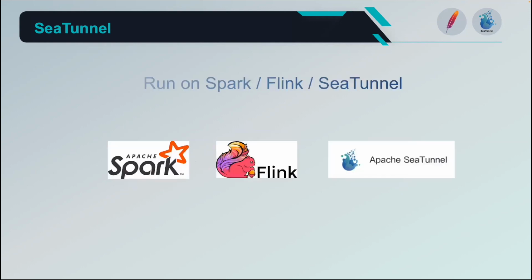At the same time, SeaTunnel supports running on multiple frameworks, currently supporting Spark and Flink, as well as the data integration engine developed by SeaTunnel itself. Users can choose according to the technology stack of their own project and use the most suitable engine. Of course, we recommend everyone to use our own engine because it is specially built for data integration.